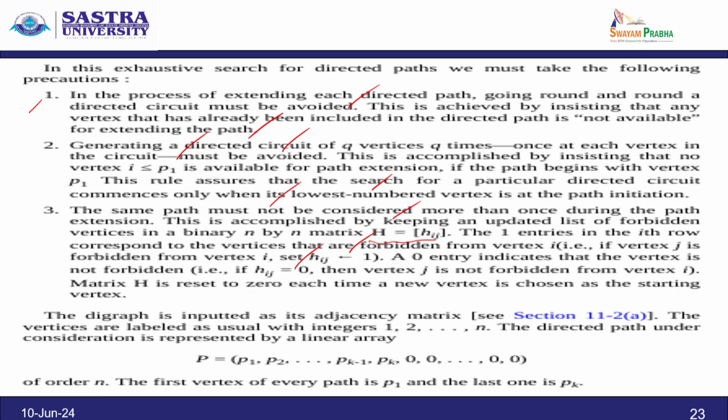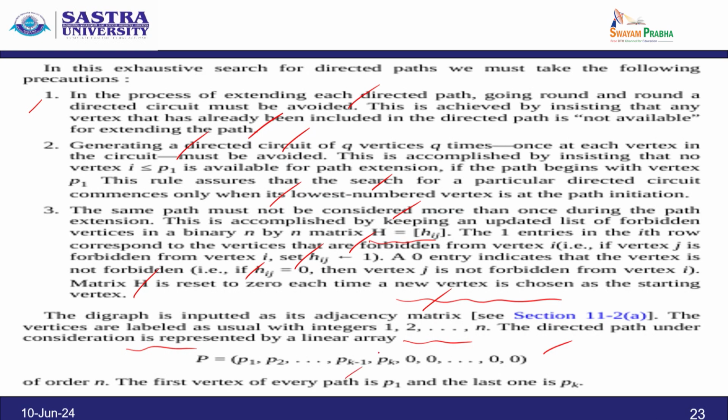The matrix H is reset to 0 each time a new vertex is chosen as a starting vertex. So, this is the execution of the searching of the directed path. The digraph is input as its adjacency matrix, which we already saw. The vertices are labeled as usual with the integers 1 to n. The directed path considered is represented by the linear array P1 to P2, P2 to and so on Pk minus 1 and Pk minus 1 to Pk, with the path array of order n.